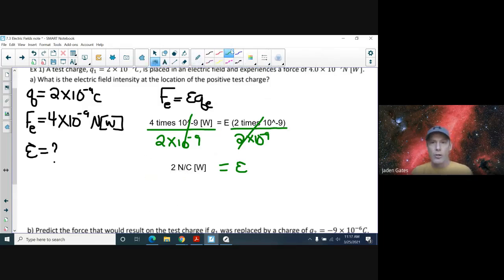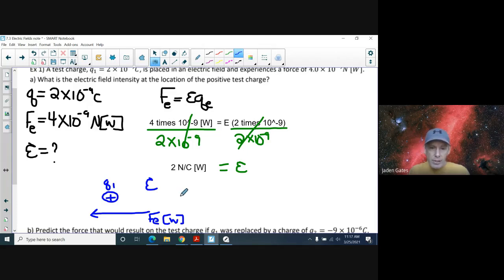So here's what we have. We have our charge. I'm just going to draw a little diagram here. Here's my Q1 charge, the charge I'm talking about. It's plus. It is experiencing a force that's going west. That's the important part here. My electric field intensity, because it's going west, it's being pushed left, right?